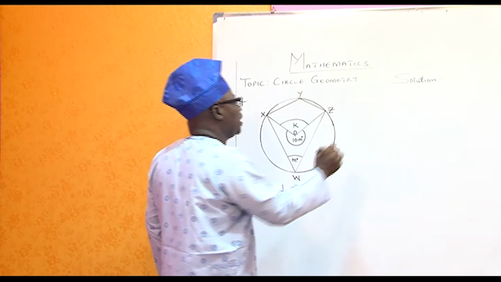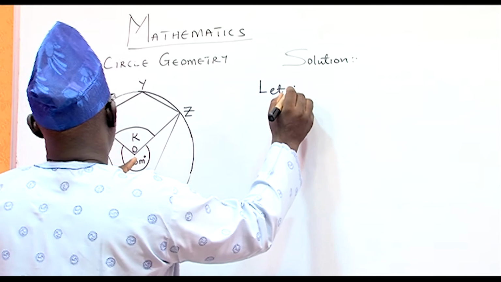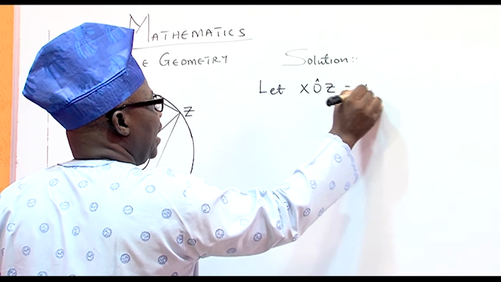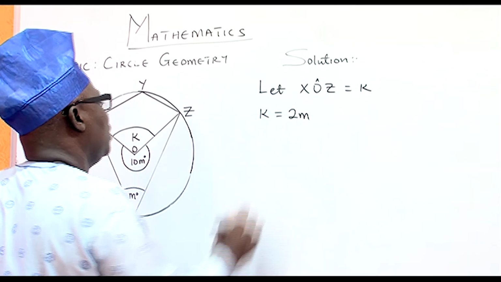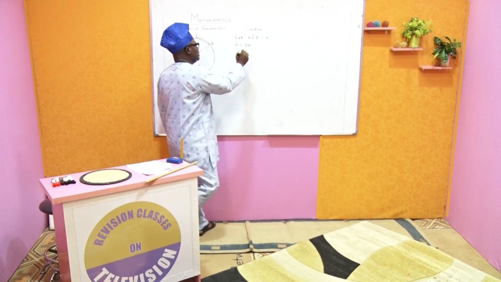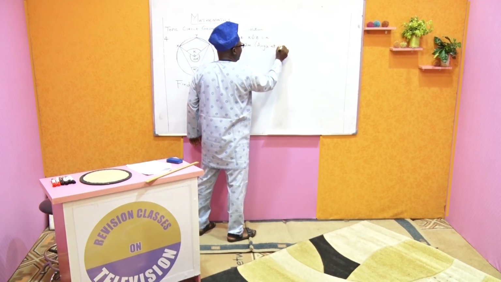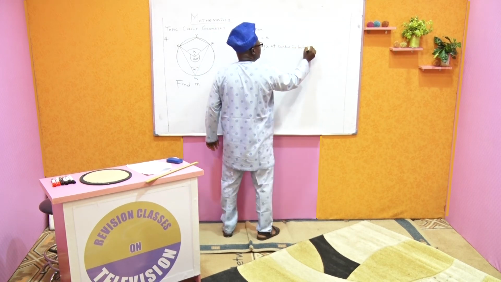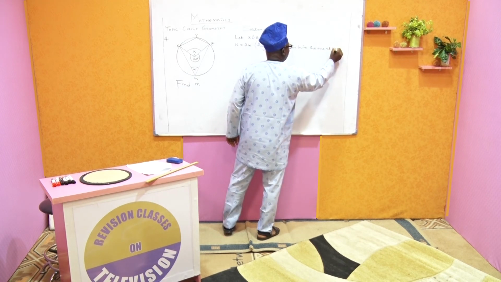So in that case, we can say, let angle XOZ be K. Then K is going to be 2m. The reason for that is that angle at center is twice the one at circumference.